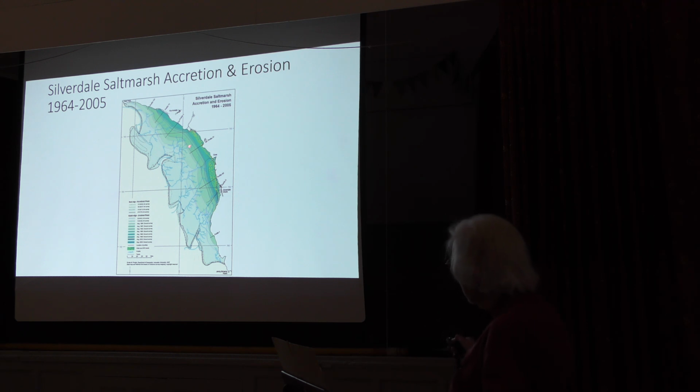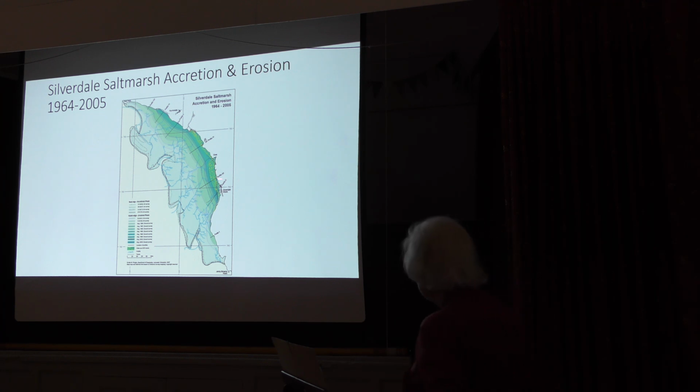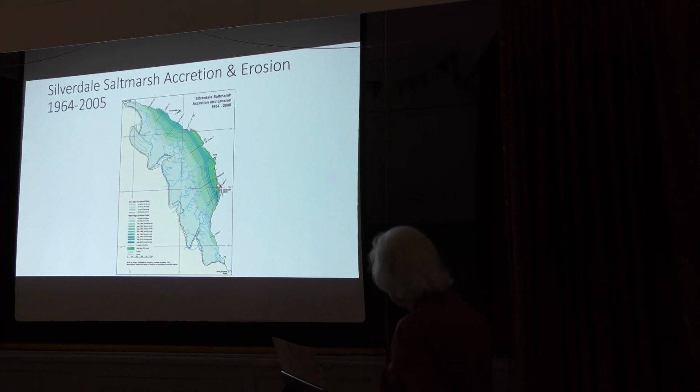So you can see, I think, very steady erosion, right back to the final one in 2005, which you may not be able to make out, but the marsh is just limited to an area where there's a white line there, and also at the cove.